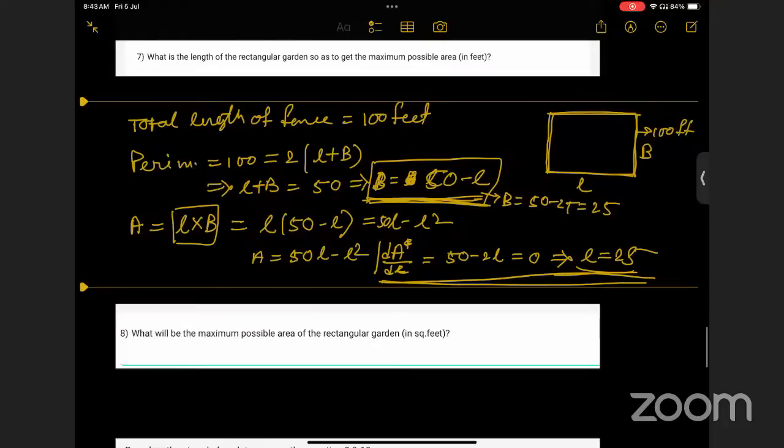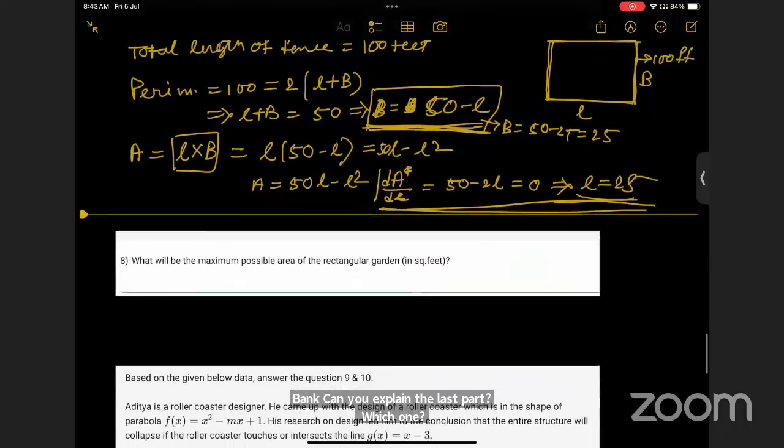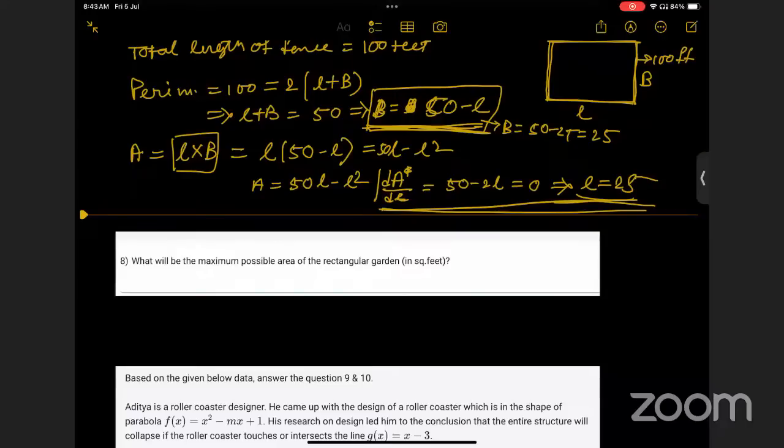Ma'am, can you explain the last part? Which one? If we find minus b by 2a, then length is also 25. Yeah.